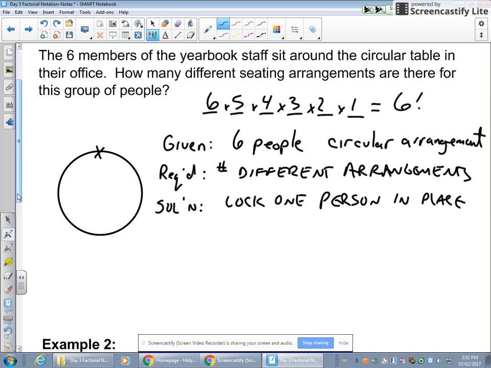It might take you a little bit to think about that, get your head wrapped around it. But for this particular case, we simply need to recognize for our circular problems, we're going to lock one person in place.